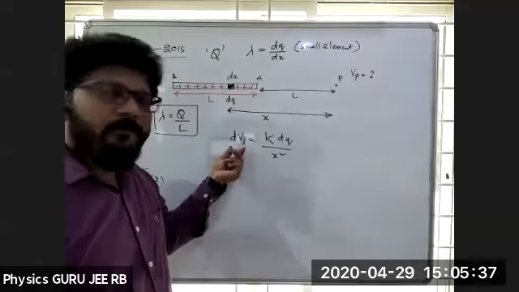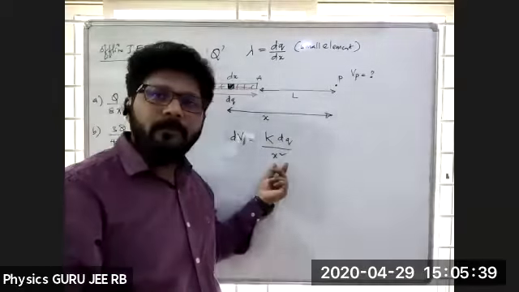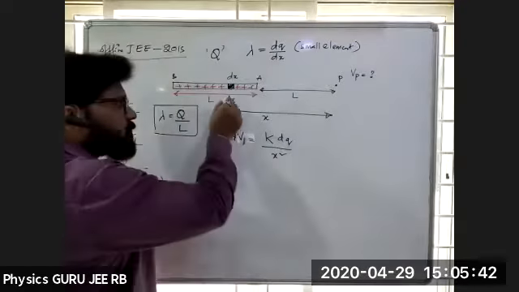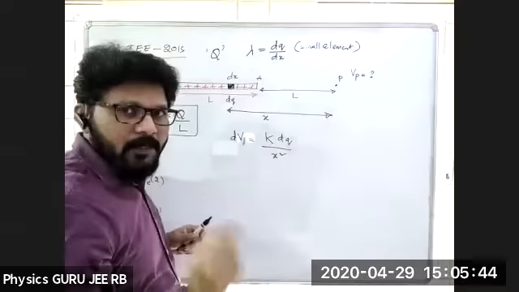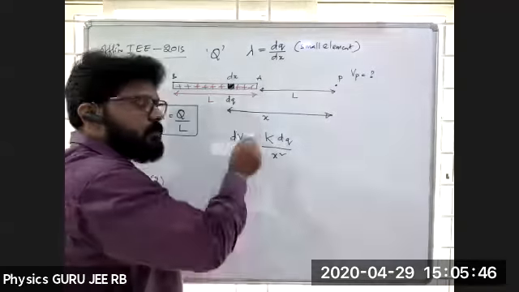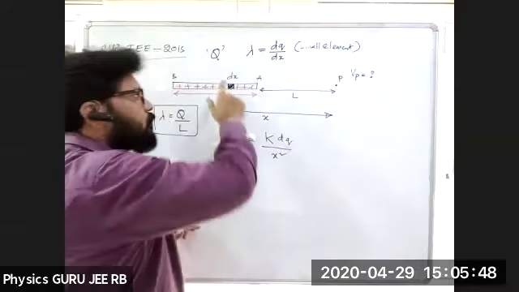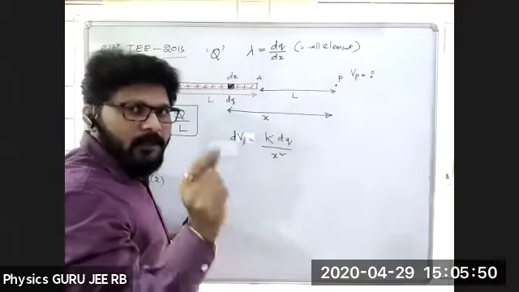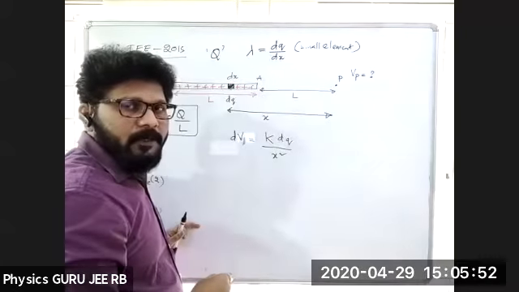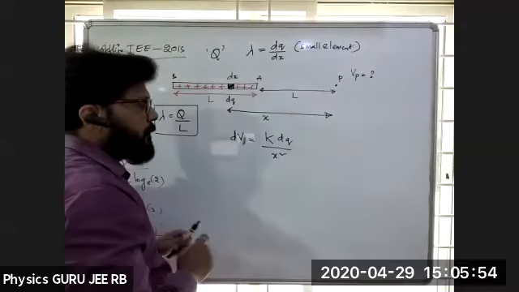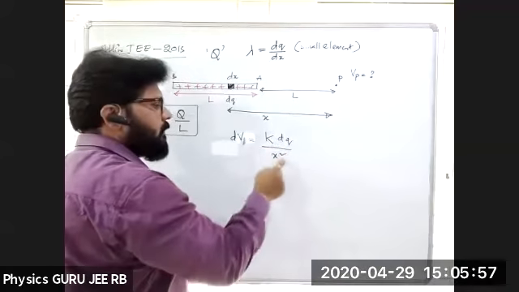So dV is equal to k into dq by x square.